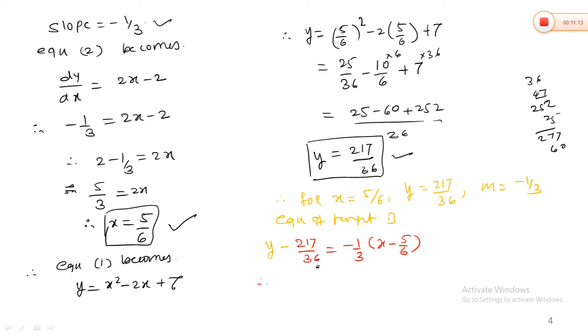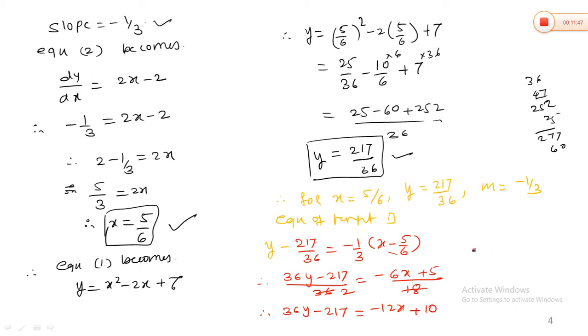Therefore take the LCM: 36y minus 217 by 36 equals minus 6x, plus 5 divided by 18. So 36y minus 217 equals minus 12x plus 10.